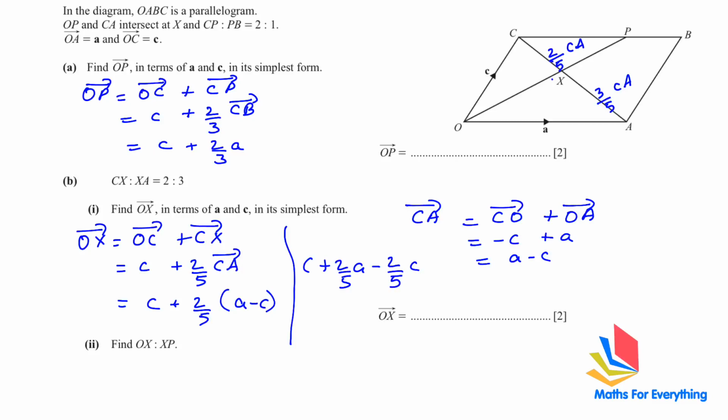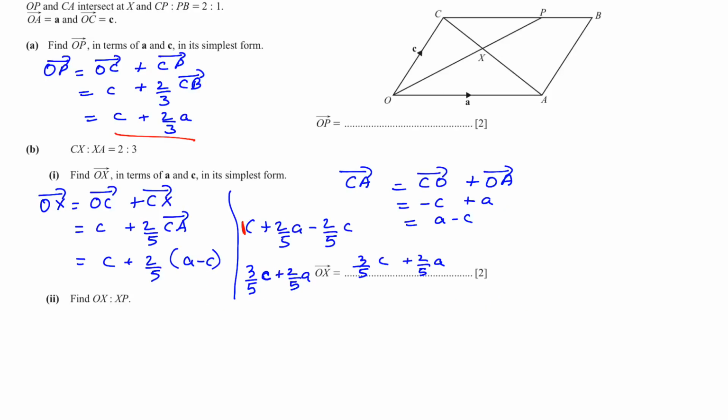If there is no number here, it means there is a 1. So in the calculator, put 1 minus 2 over 5 and you will get 3 over 5C plus 2 over 5A. So the answer is 3 over 5C plus 2 over 5A.